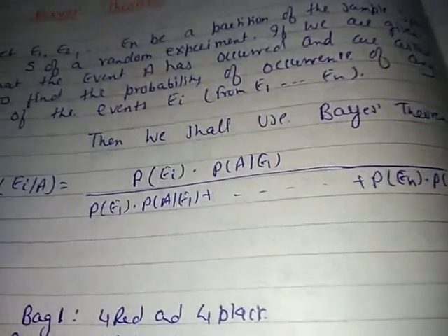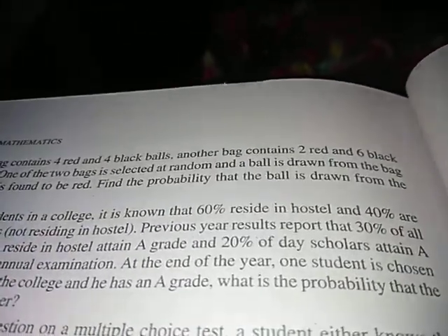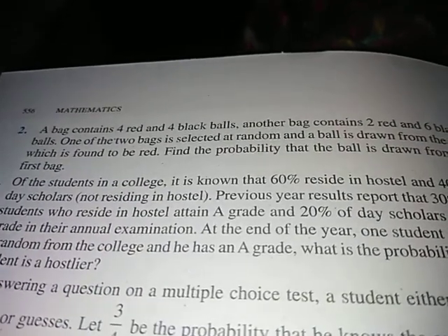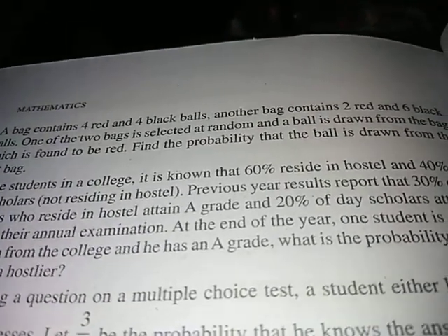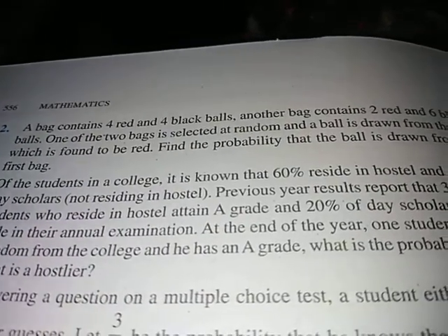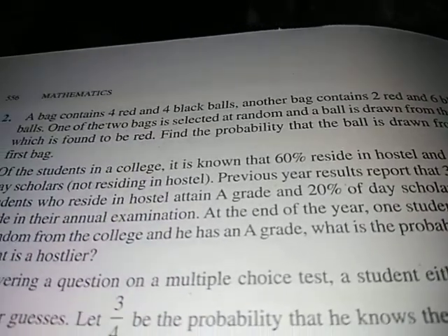Okay, now in question number 2 the question is: a bag contains 4 red and 4 black balls. Another bag contains 2 red and 6 black balls. One of the two bags is selected at random and a ball is drawn from the bag, which is found to be red. Find the probability that the ball was drawn from the first bag.